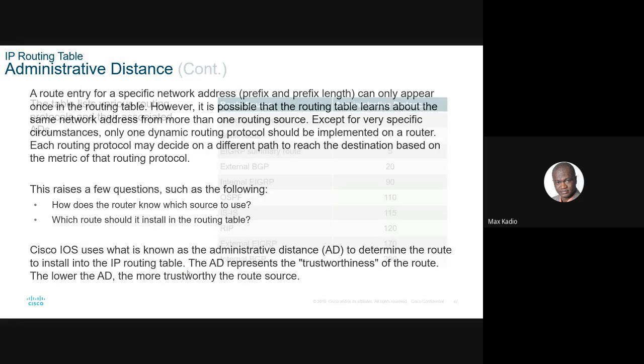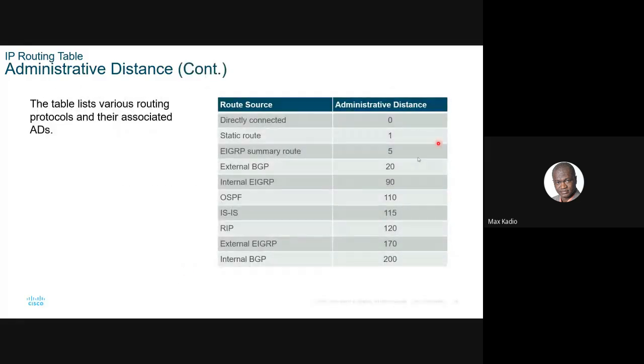Okay, we continue. There is also this table, you must know it. The more you practice, the more you know. Each route or each protocol has a cost, administrative distance. For now it looks strange, but the more you do, the more you know.